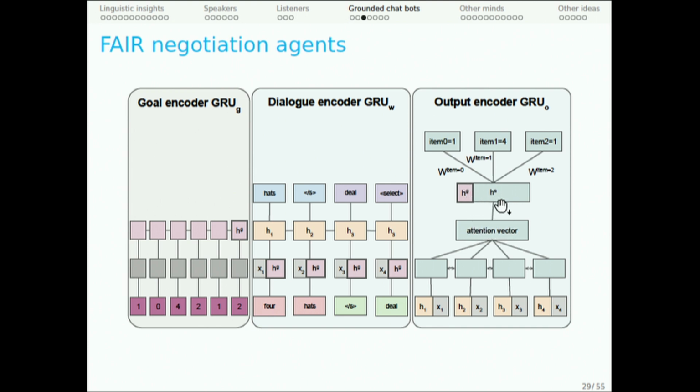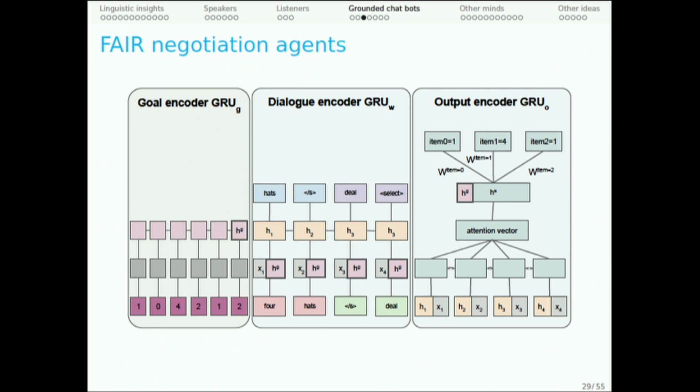HG appears again, concatenated with the summary representation from all this attention business. And then that representation is the basis for a bunch of different classifiers, item 0, 1, and 2, predicting the number of objects that were obtained after this negotiation happened.